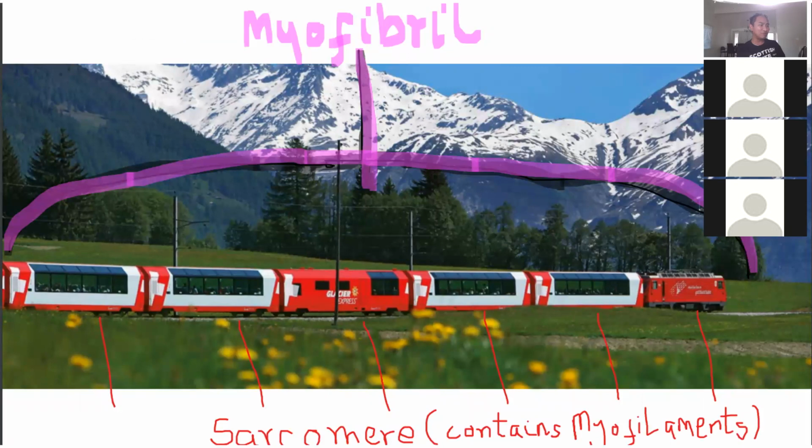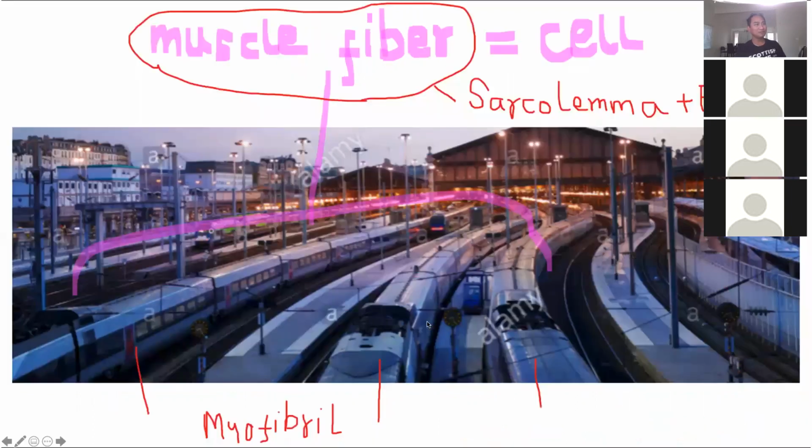So a combination of all these sarcomeres gives us the myofibril. Inside the sarcomere, as we saw, we will have myofilaments, which are actin, myosin, and titin proteins. Sarcomeres in linear arrangement are called myofibrils. If we combine multiple myofibrils together, we will have a muscle fiber.